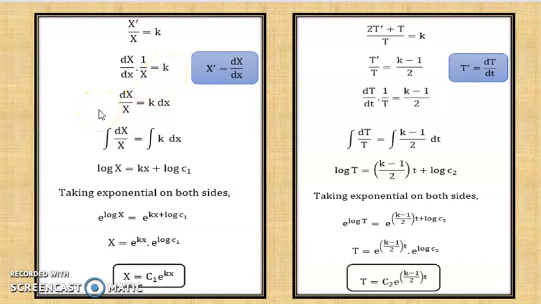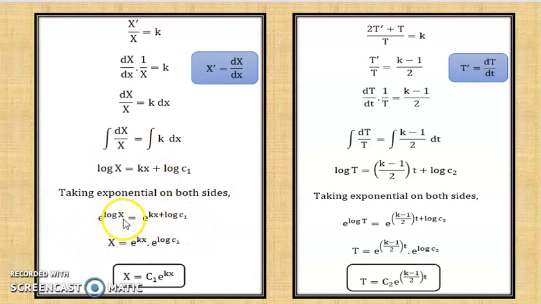Then substituting this value we get dX by dx into 1 by X equal to k. Then on cross multiplying we get dX by X equal to k into dx. Then on integrating we get integral dX by X is log X equal to integral k dx is kx plus log c1. Then we take exponential on both sides. We have e raised to log X equal to e raised to kx plus log c1.